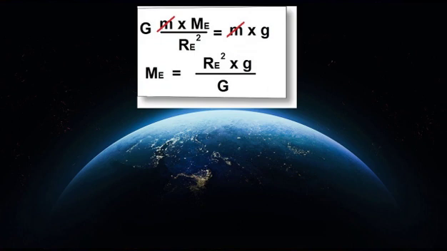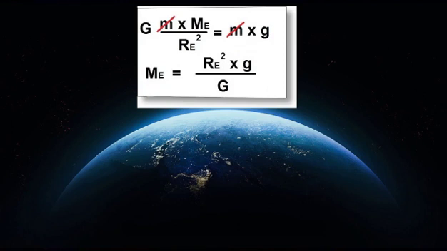If we simplify these equations for the mass of the earth, we get the mass of the earth equals the radius of the earth squared, multiplied by small g, the gravitational acceleration, divided by capital G, the gravitational constant.